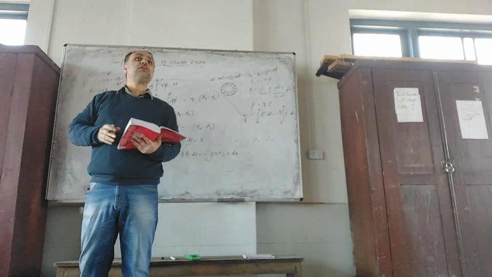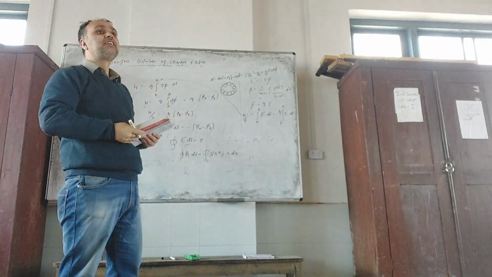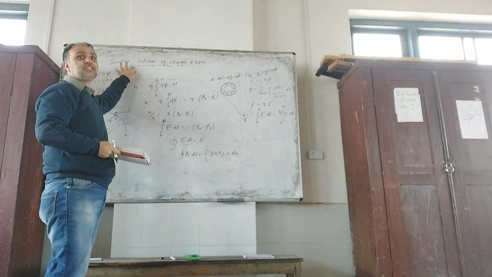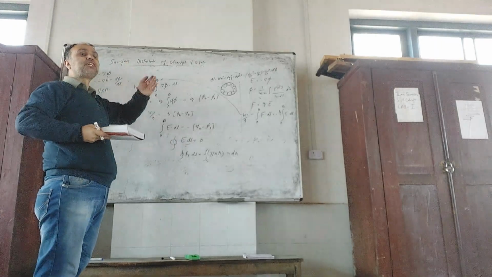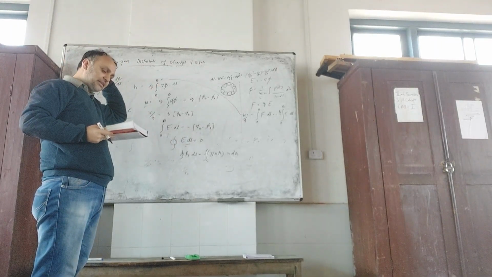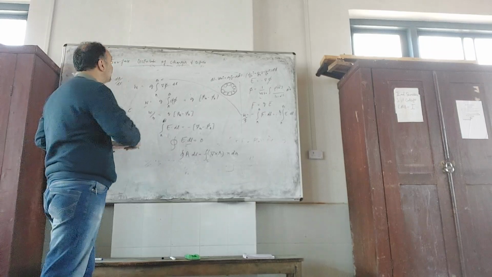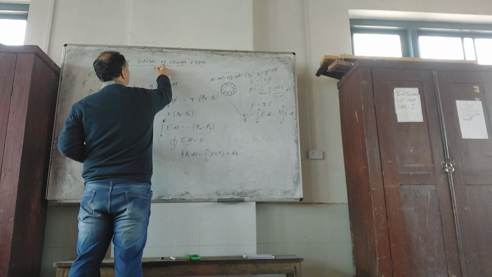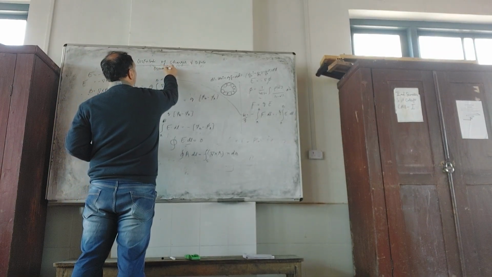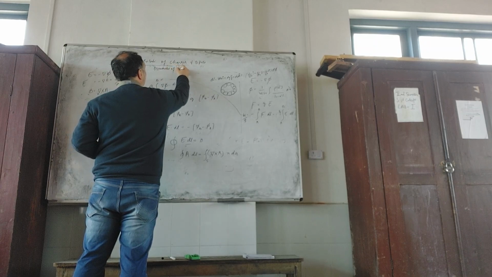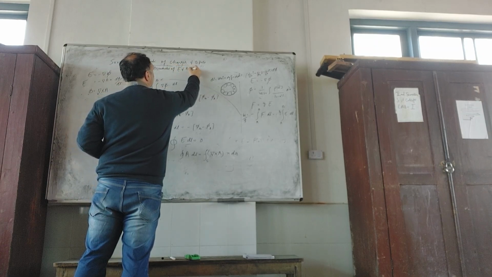So how charge and dipoles are on the surfaces, and what are the discontinuities of E and B fields?